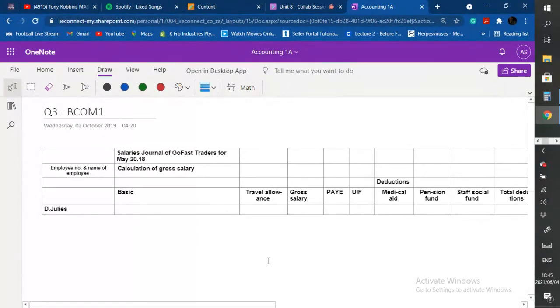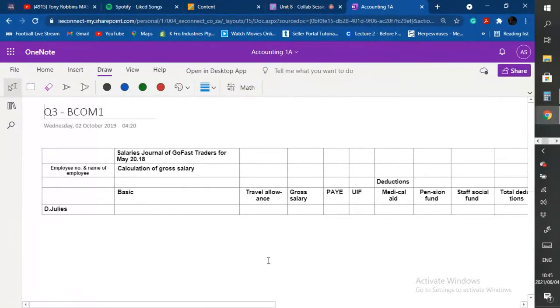It says, under required, complete Damien's salary in the salaries journal of Go Fast Traders for May 2008. Round all figures to the nearest whole number. In addition, amounts given are for illustrative purposes only. Take note of that.